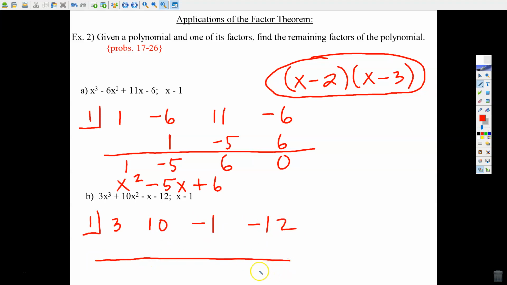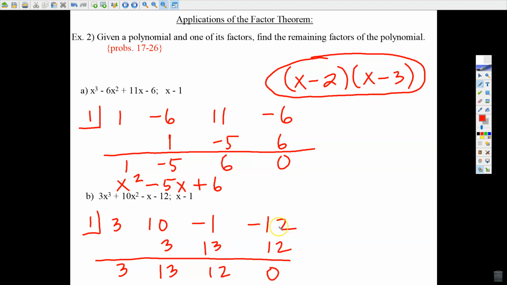Now, if we don't get 0 as a remainder, when I put the one that I'm given using synthetic division, if I don't get 0 here, then something's wrong. You need to go back and check your work. Well, let's see what we get. 3, that would be 13. 13, that would be 12. 12, 0.